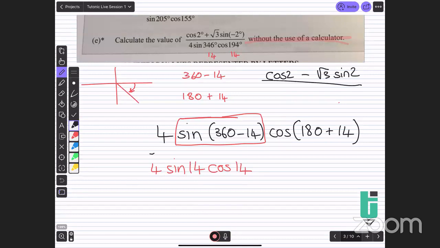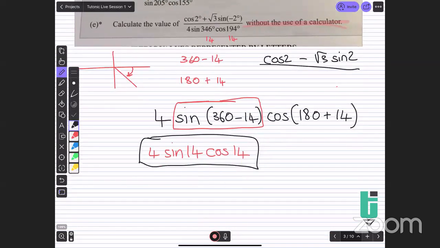Any idea about what we could do for this? Take out 2 times 2 sine 14 cos 14, because then there'll be an identity. So it's 2 times 2 sine 14 cos 14. What does that become?